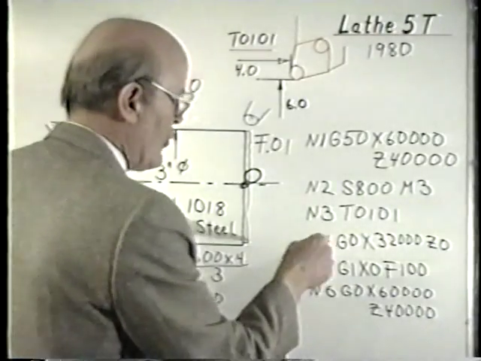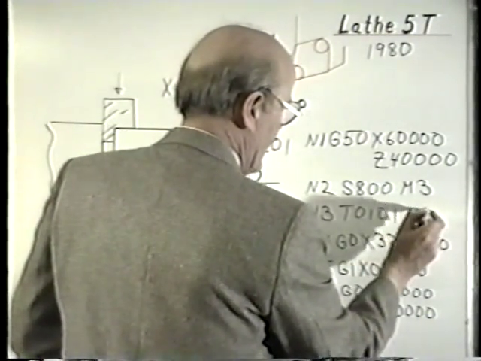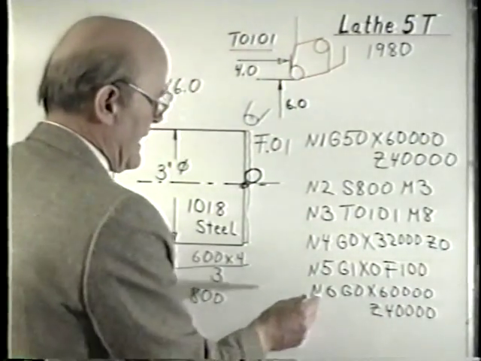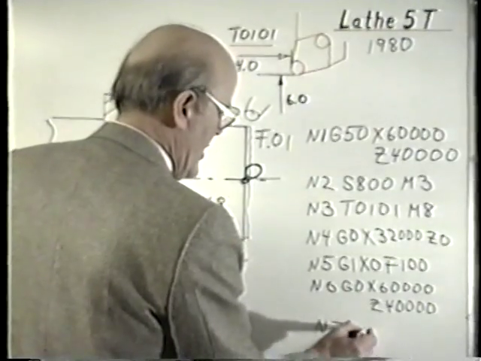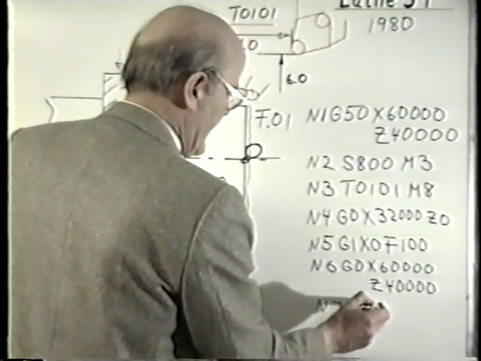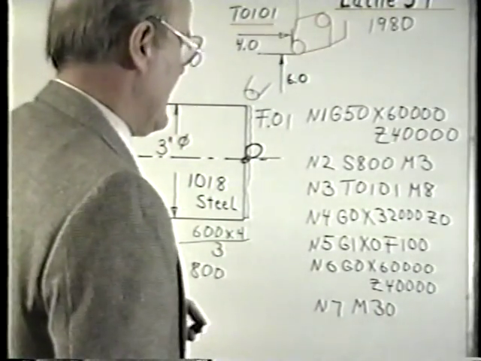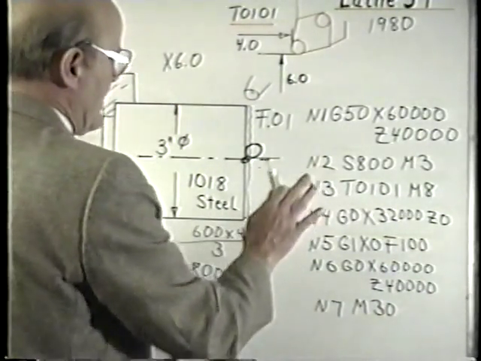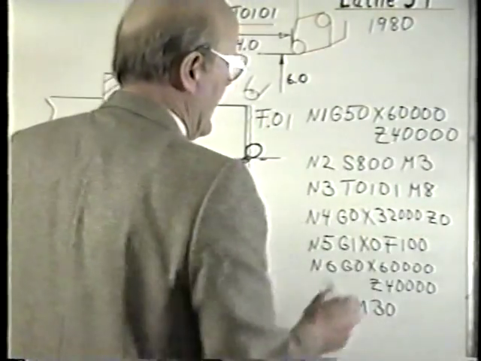Possibly we have turned the coolant on earlier in this line. That would be the same code as today, that's M8. And at the end of all this, in line number 7, the M30 code shuts everything off just as it does today. Basic difference between the older control and today, we have to write everything out longhand.